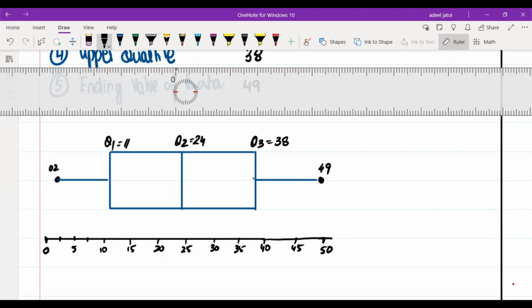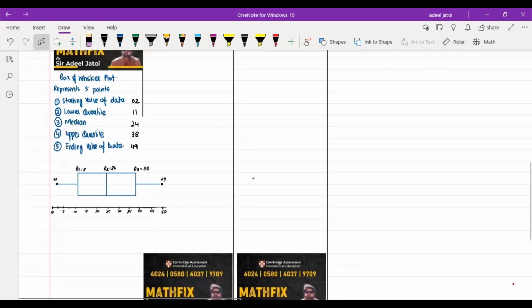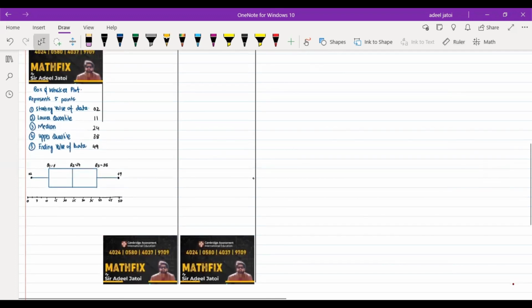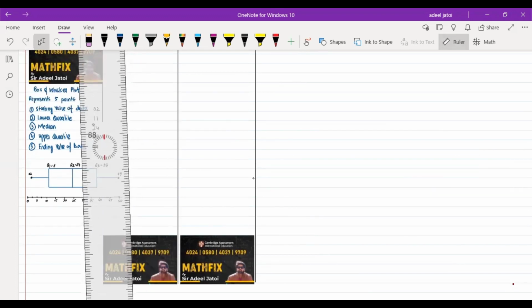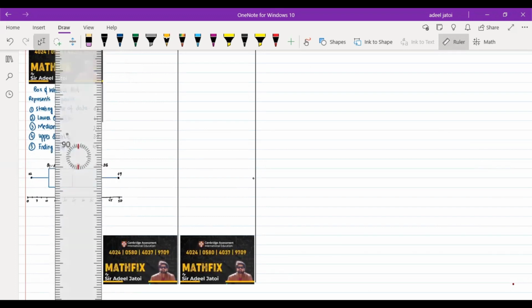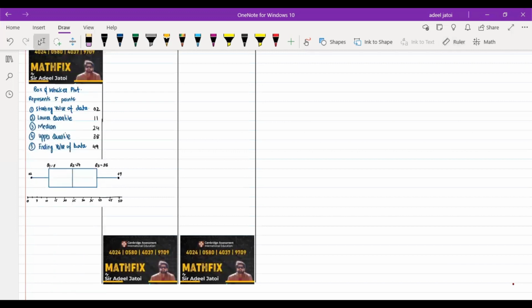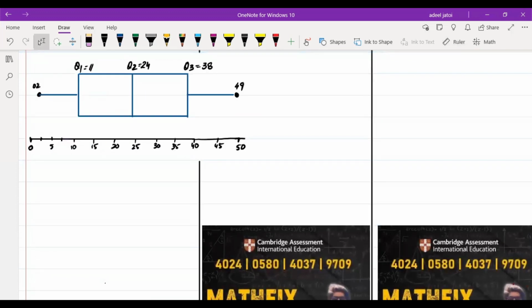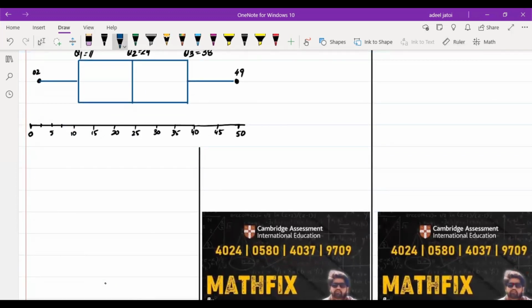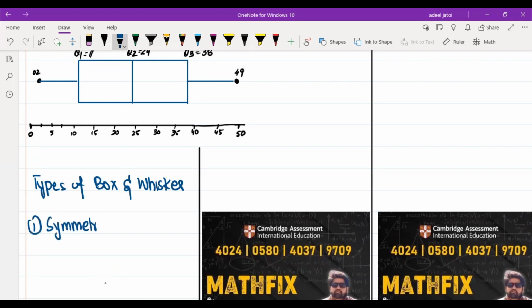Now, in Box and Whisker, what you need to understand is that there can be three types of data. Number one, symmetrical.